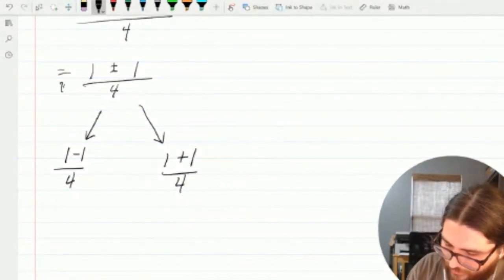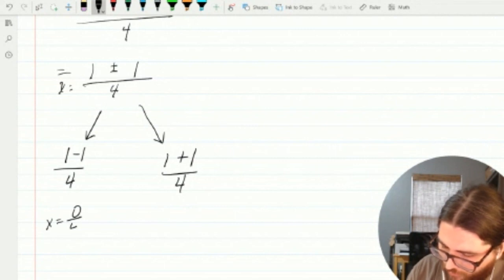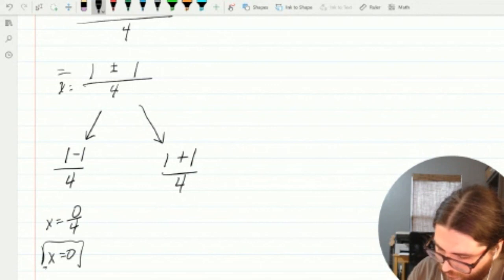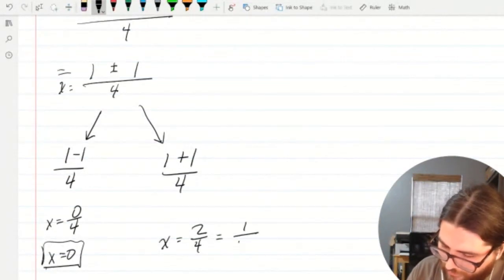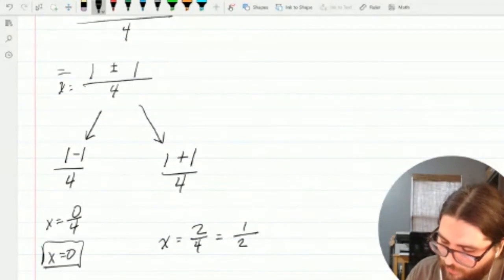And on the left, call x equals solutions. 0 over 4, which is 0. The one on the right, 2 over 4, which reduces as a fraction to 1 over 2.